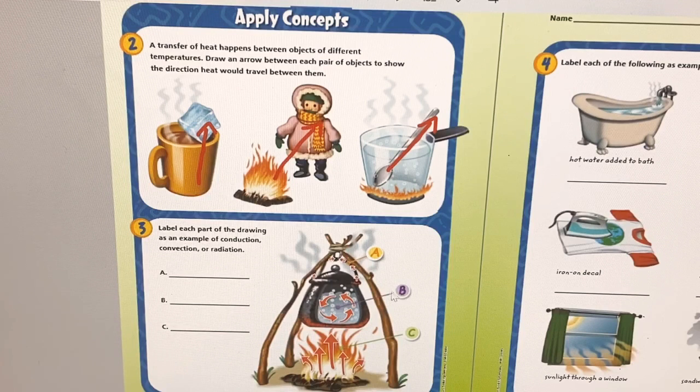Now, B, liquid water. If it's going around over here, the bottom will be heated first, and then it will go up to the above part and heat up the above part. So if heat moves through liquid, we call it, yes, convection.